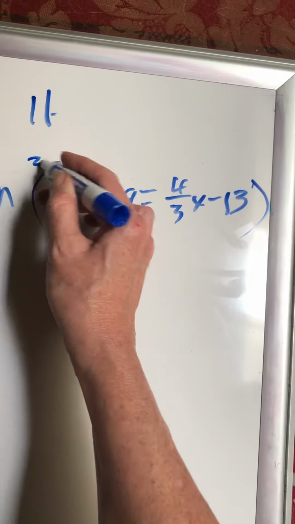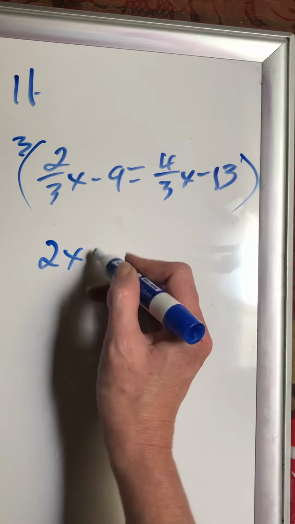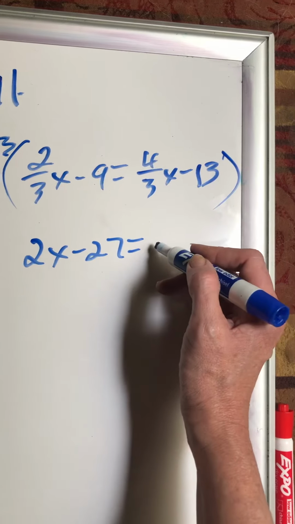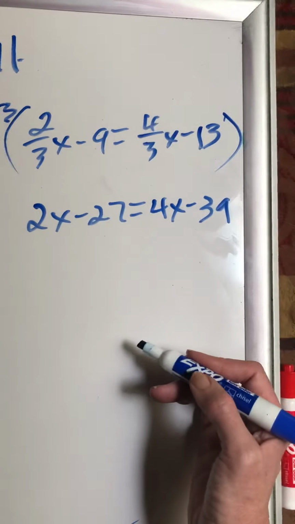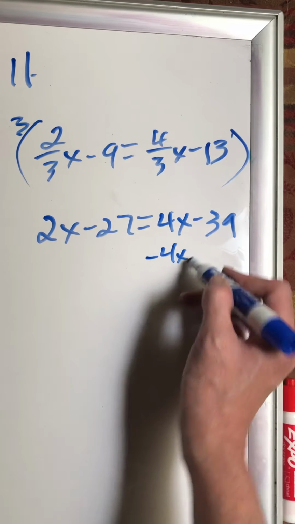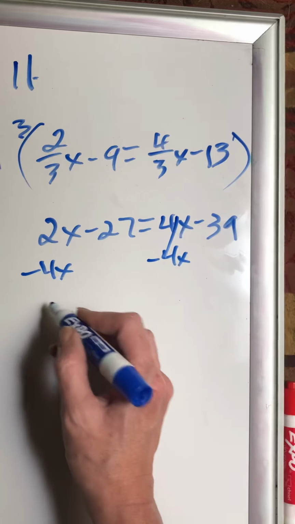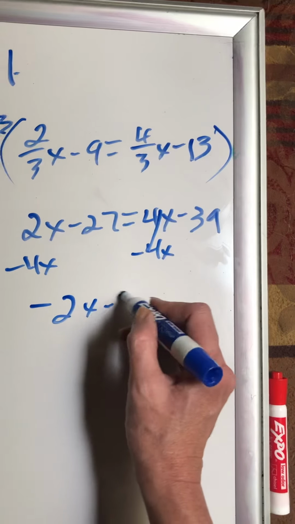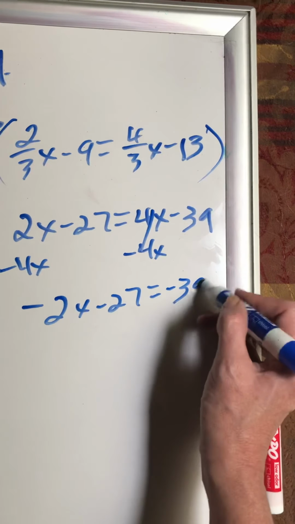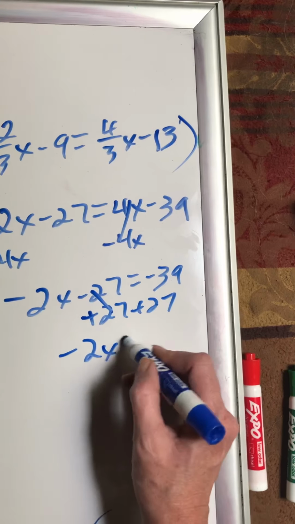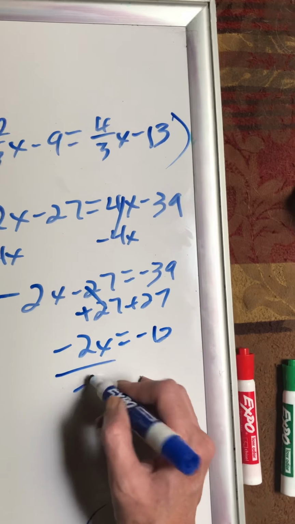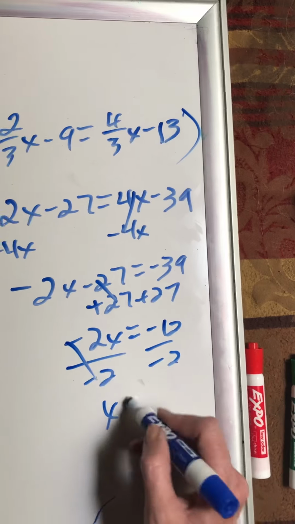If I multiply everything by 3, that gives me 2x minus 27 equals 4x minus 39. Then we subtract 4x, that is negative 2x minus 27 equals negative 39. Add 27, so negative 2x equals negative 12, divide by negative 2, so x is 6.